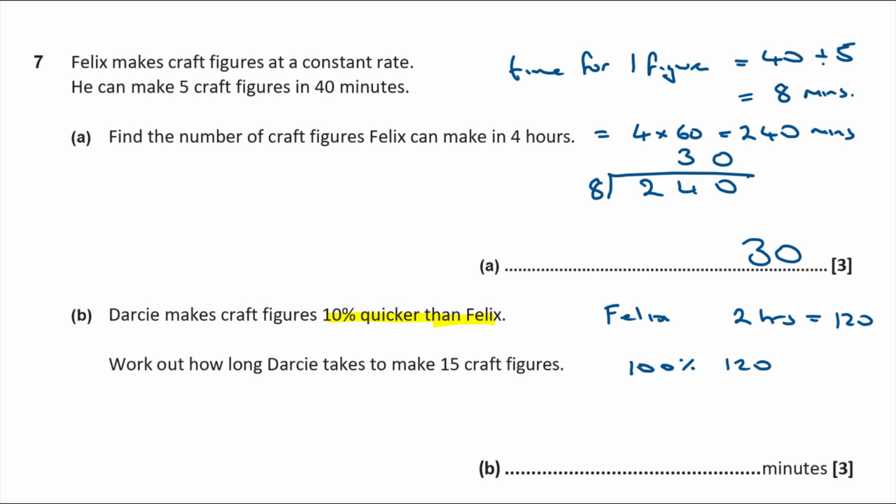If 100% is 120, then 10% would be 12 then, isn't it? So then to get 90%, I would need to subtract those from each other. So 120 take away 12, that's 108 minutes. So that's how long it takes Darcy to make those 15 figures.